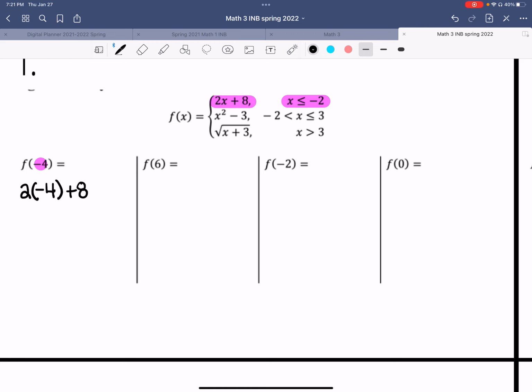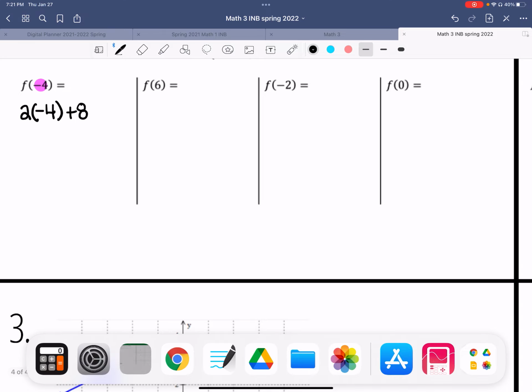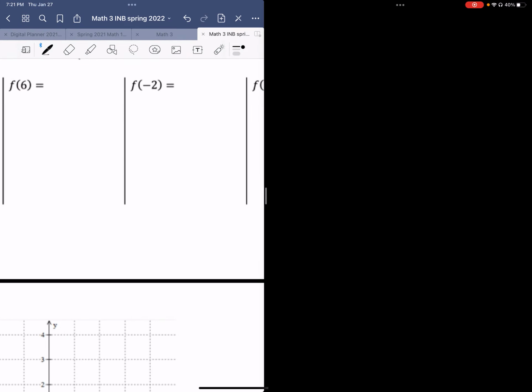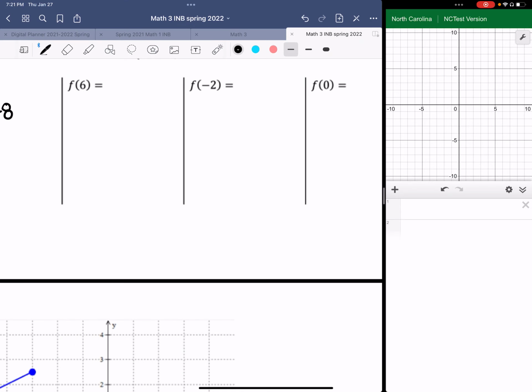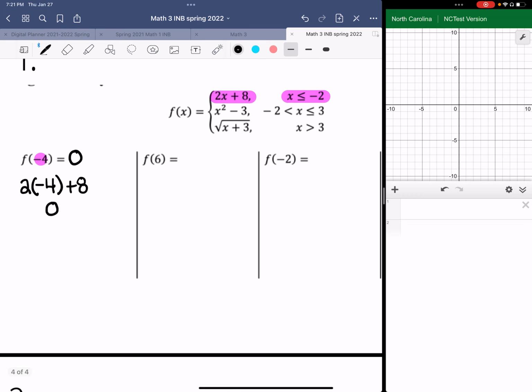You can plug this into Desmos to evaluate it if you want to. It's completely up to you if you want to have that pulled up. Let's split screen that. Okay. So I can do 2 times -4 is -8, plus 8 is equal to 0. So if I input -4, I get an output of 0.